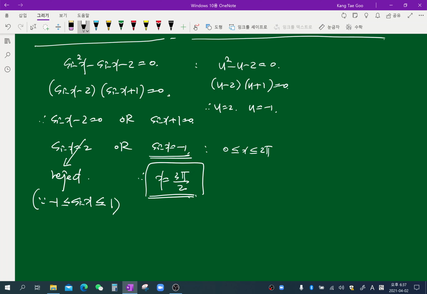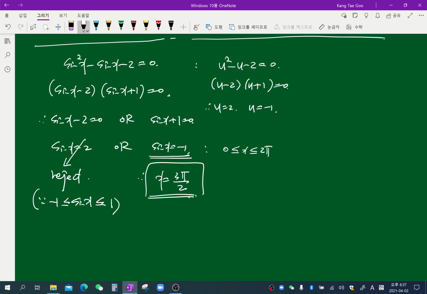So the second type of trigonometric equation is where you need to factorize, even though sometimes that is not really simple like this. Sometimes there is sine 2x and cosine 2x together with sine x and cosine x.